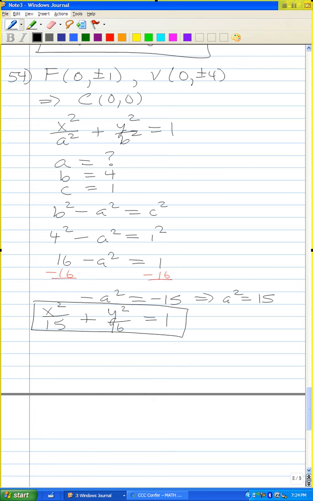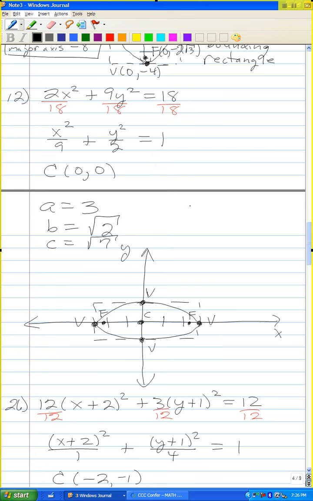Okay, and so problem 12. So the length here of the major axis, well, we go from -3 to +3, so it's 6. The length of the minor axis, we go from radical 2 to negative radical 2, so 2 radical 2.